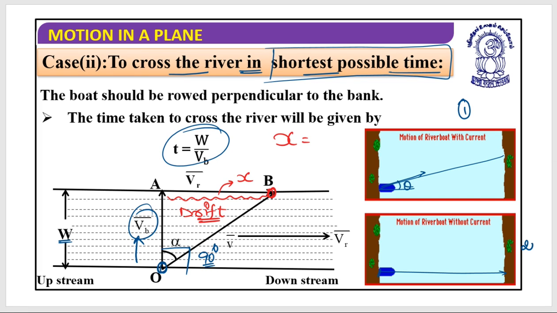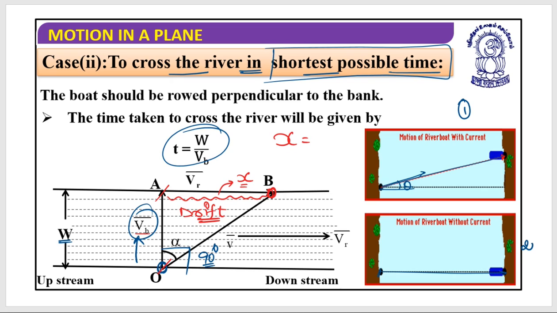Then I can write that X is equal to, which velocity is responsible for drift? Look at this. When you swim from this position to this position, it is VB that is responsible for covering the distance W. Now, X is the horizontal displacement, and for horizontal displacement only the horizontal velocity will be responsible.